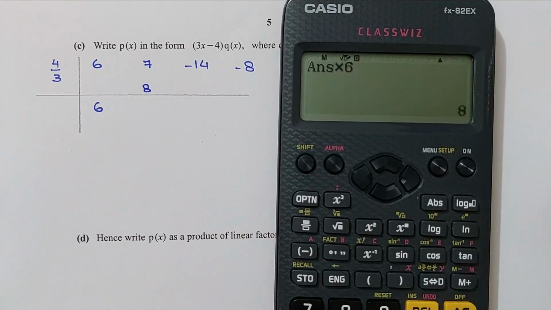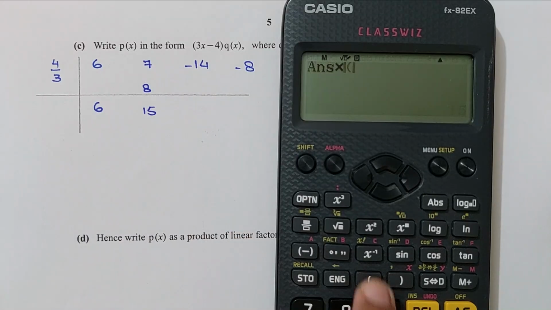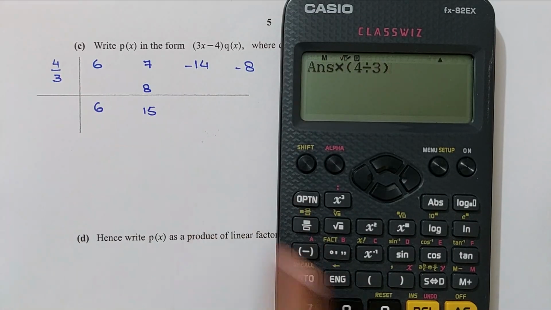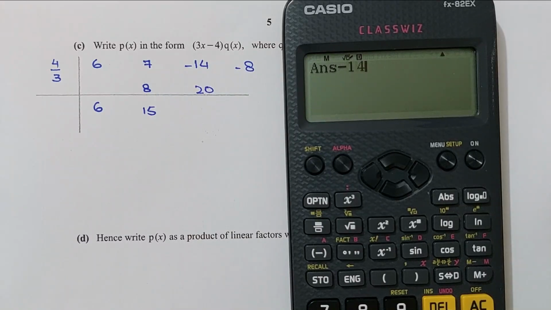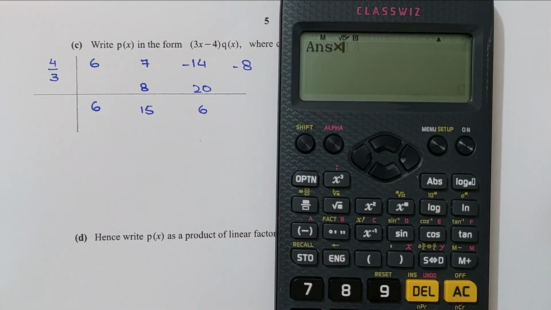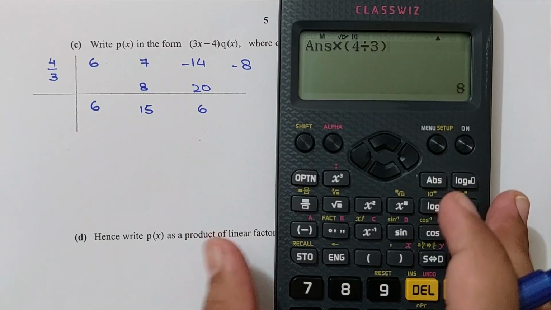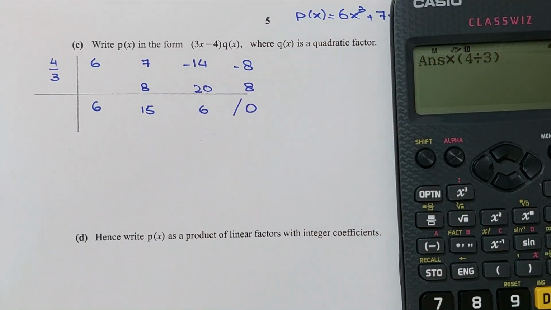Add 8 and 7. 7 plus 8 is 15. Now 15 is multiplying with 4 by 3. This is 20, and 20 subtract 14 is 6. 4 by 3 times 6, this is 8, and positive 8 and negative 8 would be 0, right?